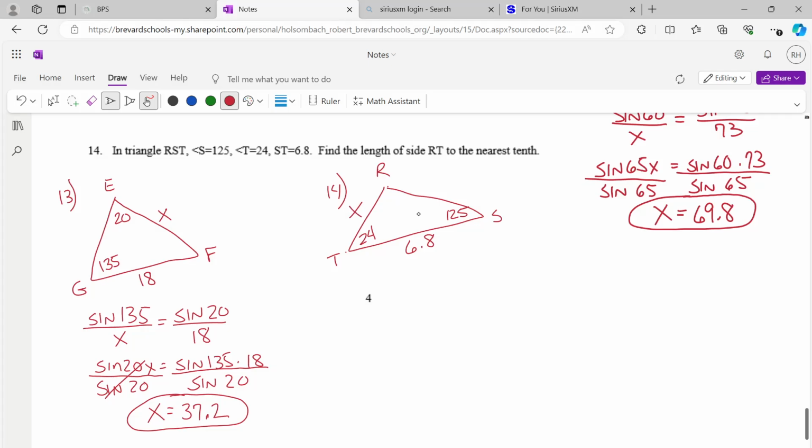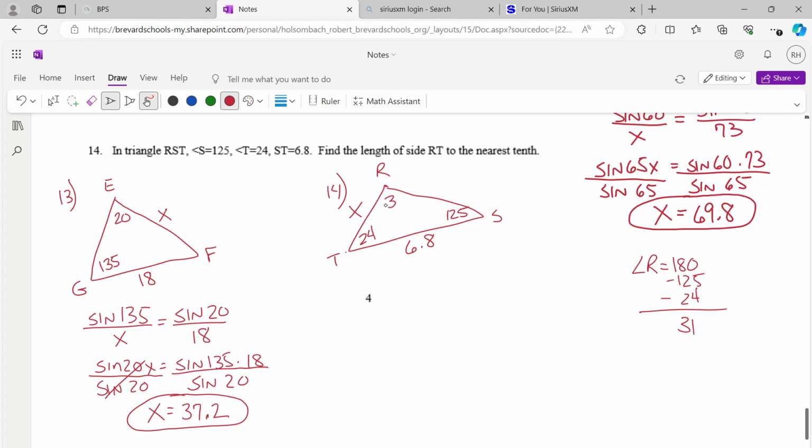All right, and again, the x is opposite the 125, but the 6.8 is opposite of angle R that doesn't have a measure. So angle R is equal to 180 minus 125 minus 24, which is 31 degrees.